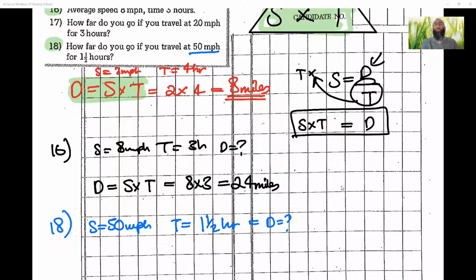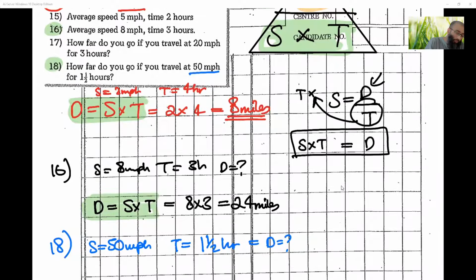I'm writing a bit big, so when you do yours, please write it small and fit it on the half side. Don't take extra space like I am. We don't know the distance, and to work out the distance you do speed times time.